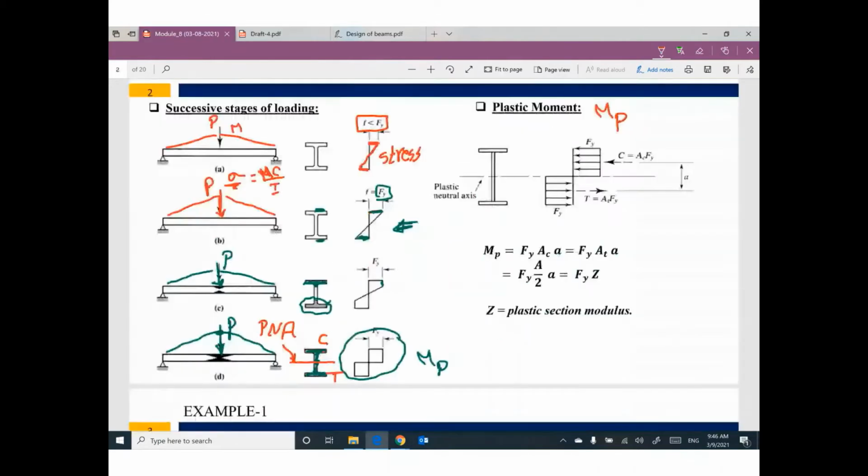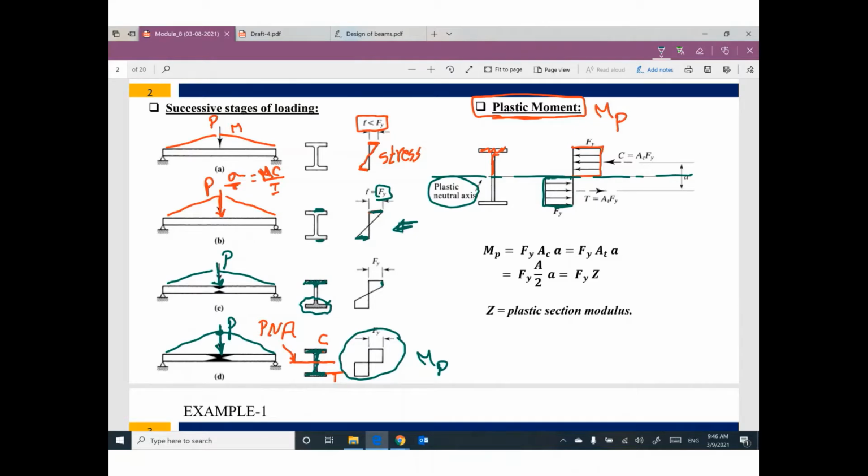So plastic moment means the whole cross section is yielded, not one part or two parts or part of the cross section. No, the whole cross section is yielded. One side of the cross section is under compression and yielded, and the other side under tension also yielded. The transition between the two sides is called the plastic neutral axis.